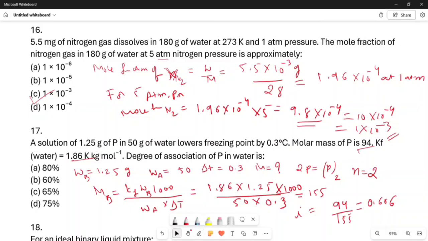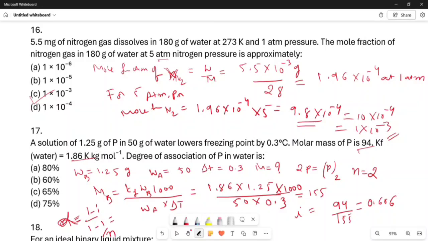So we can calculate the degree of association alpha. Alpha is equal to 1 minus i divided by 1 minus 1 divided by n.